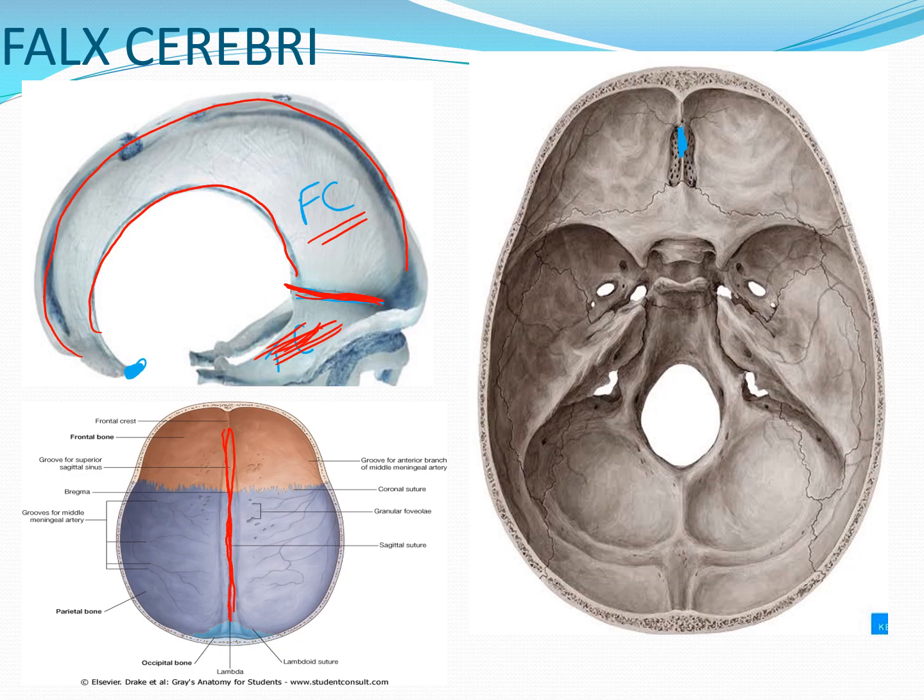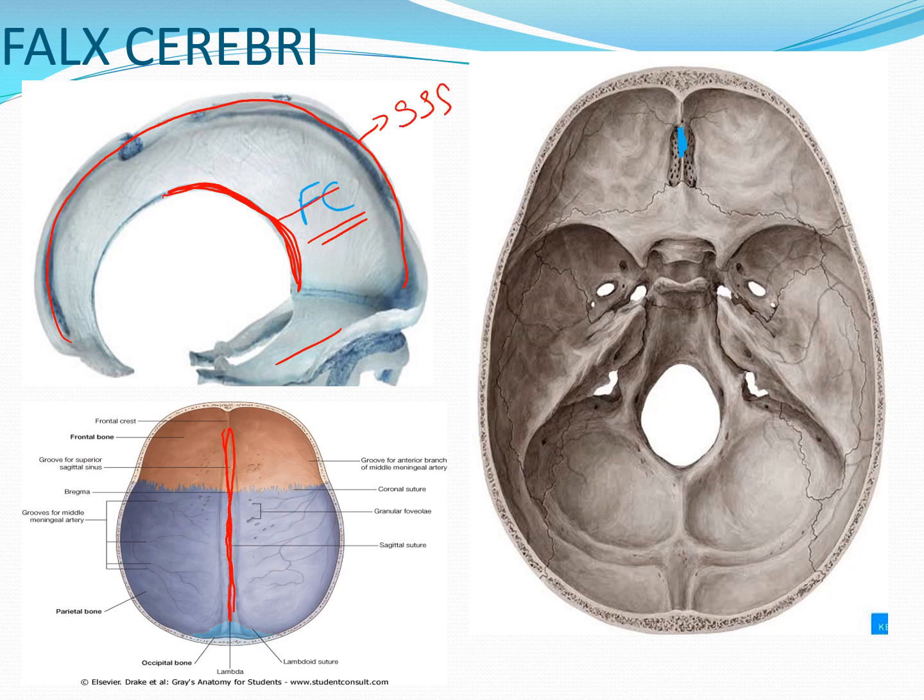Now let us see what sinuses are lodged within the falx cerebri. To the upper convex margin, there is the superior sagittal sinus.